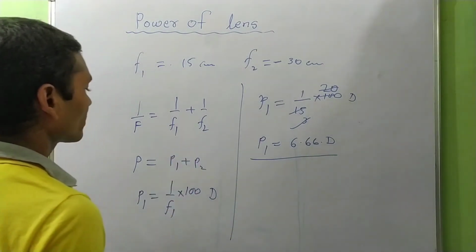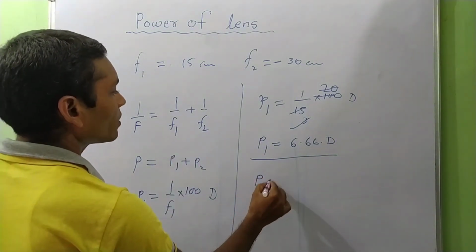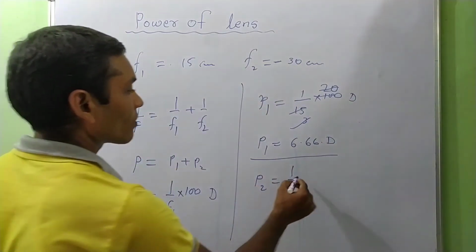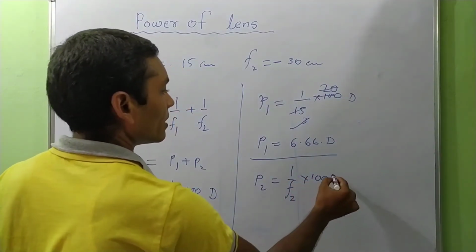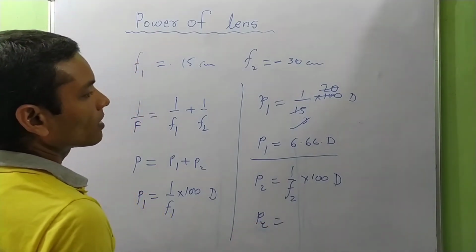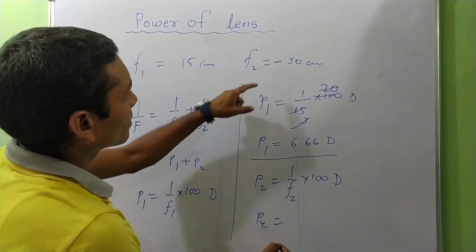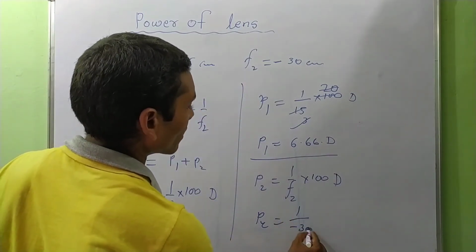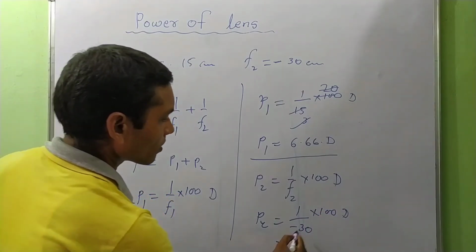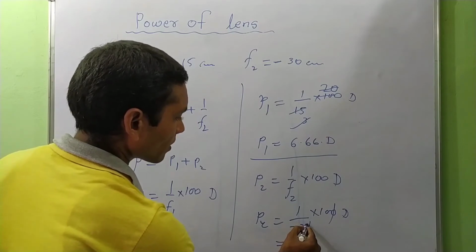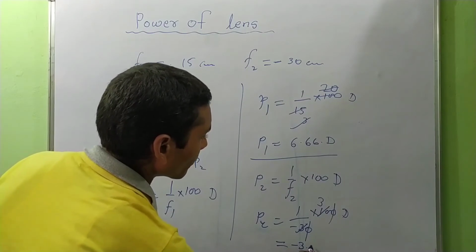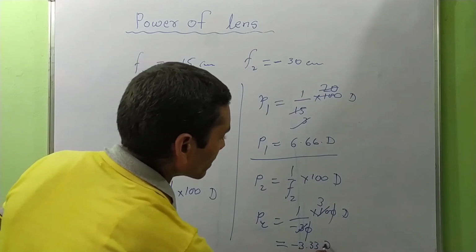And what will be the power of the second lens? It will be P2 equals 1 upon f2. Because this is in centimeter, that's why here will be 100. Then this will become diopter. So P2 will be equal to what value? 1 upon minus 30 into 100 diopter, or minus 3.33 diopter.